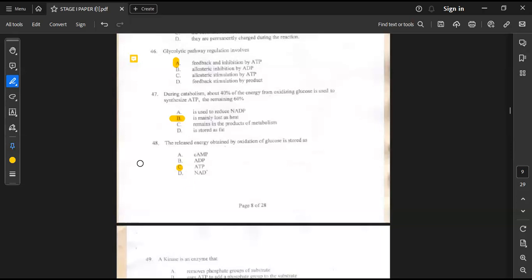Yeah, I'll also go for ATP. I would also go with the ATP.